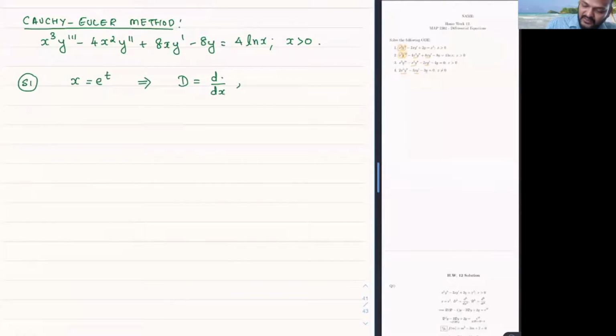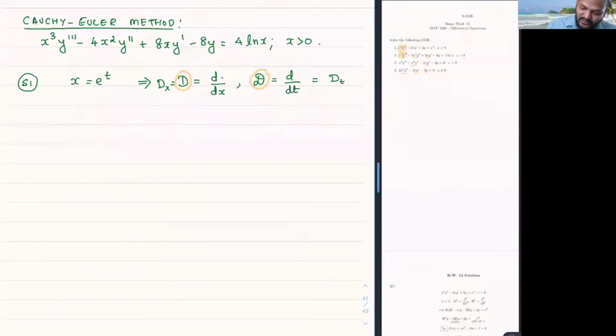And whenever I use the script d, that would be the derivative with respect to t, right? Some books might have this as a dx, and some books might have this as a dt, and that's okay as well. But I'm going to use this and this for my purposes.